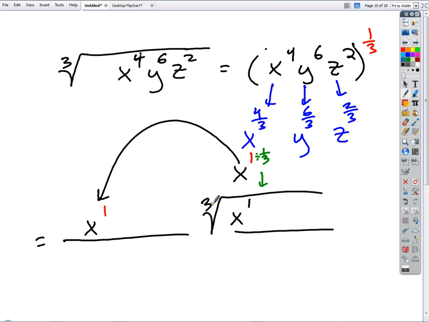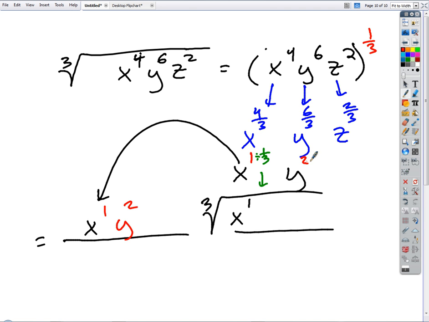Okay, what about the y to the 6/3? As a mixed number, 6/3 is what? That's just a plain old 2. There isn't even a fraction part, is there? So this just becomes y squared, so outside we just get a y squared and no y's inside. Why? Because the 6/3 turned into just an integer with no fraction attached to it.